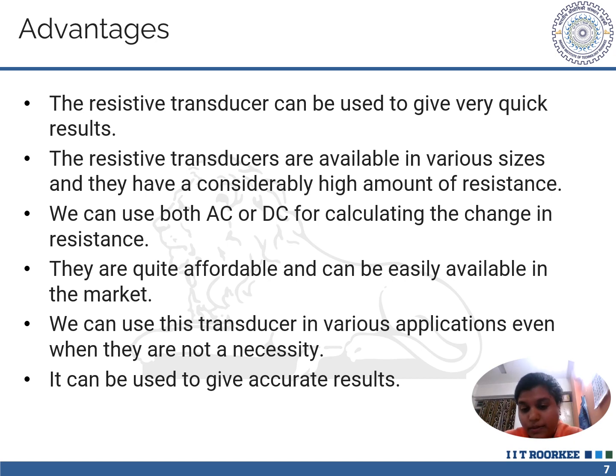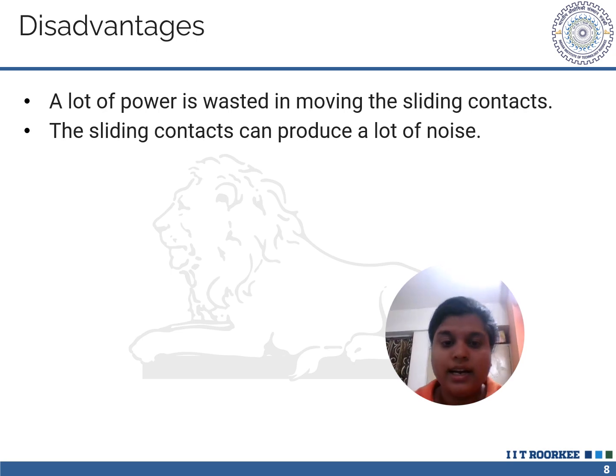They're quite affordable, not that expensive, and can be easily available in the market. We can use the transducer in various applications even when they are not a necessity. It can be used to give accurate results. And disadvantages are a lot of power is wasted in moving the sliding contacts. The sliding contacts can also produce noise.